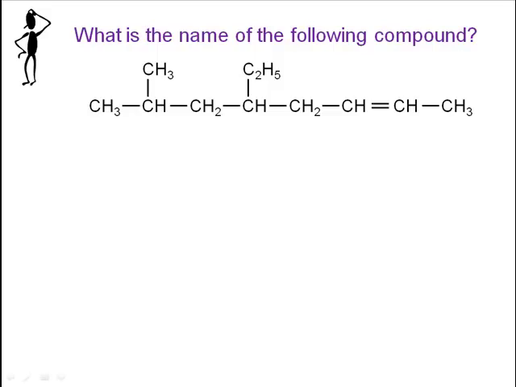Okay, we know there's 8 carbons. Why do we start on the right side? There's a double bond there. That takes precedence over any groups in the numbering.